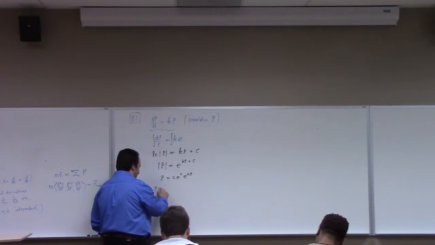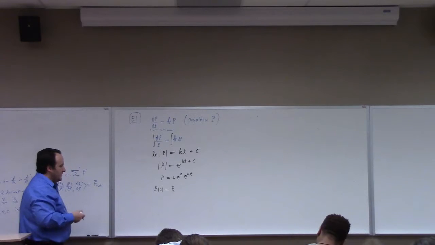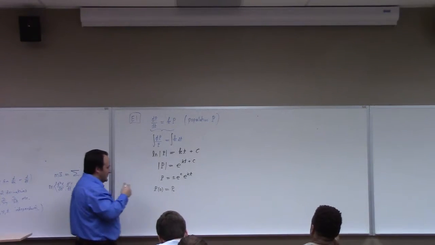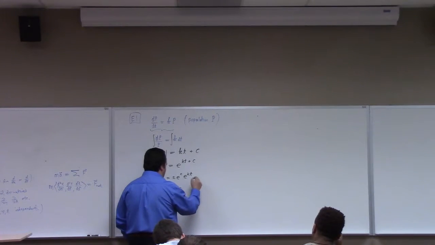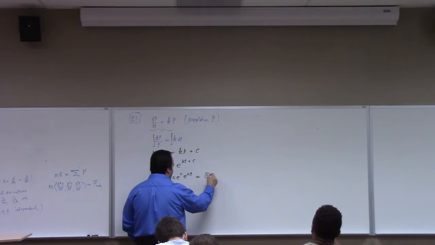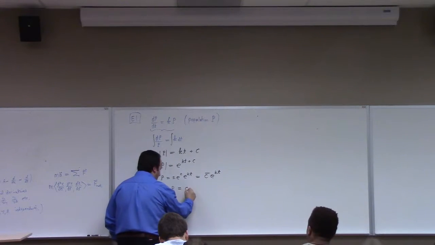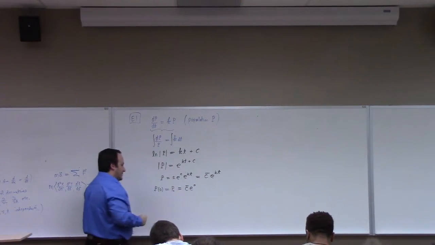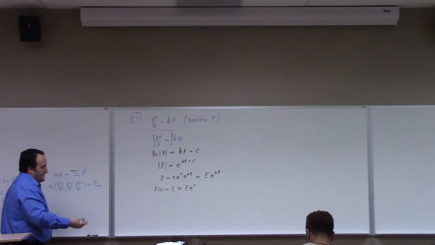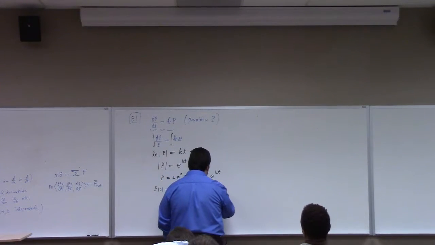Let's say p of 0 is the initial population, right? P of 0 is p0, but that's also going to be equal to, let's say this can be rewritten as c bar times e to the kt. So this would be c bar times e to the 0. But e to the 0 is 1, so we learn that this c bar, the constant we're looking for, is actually just the initial population.